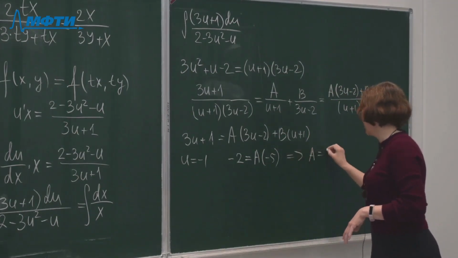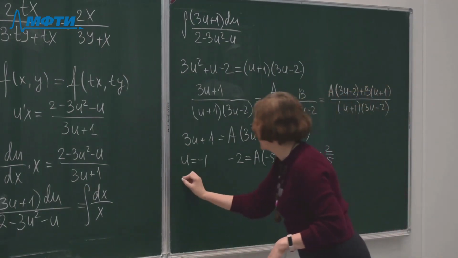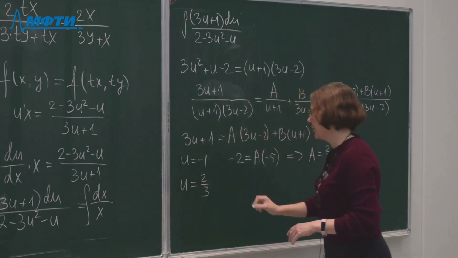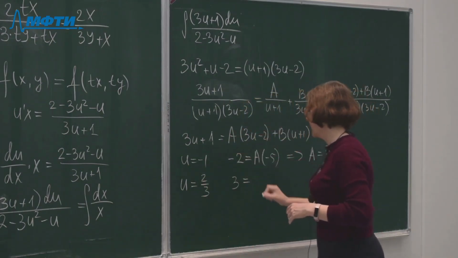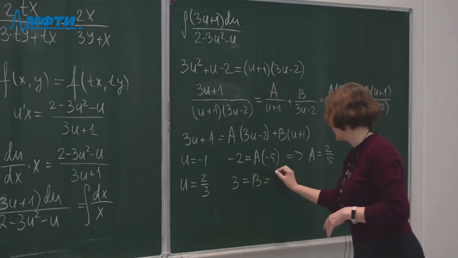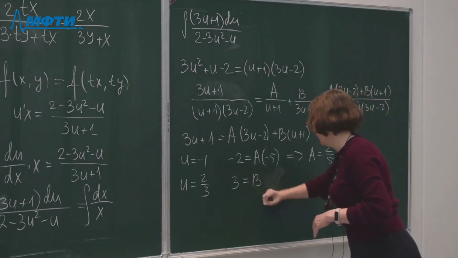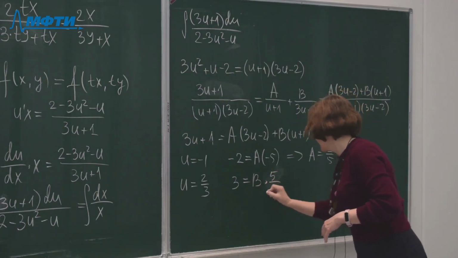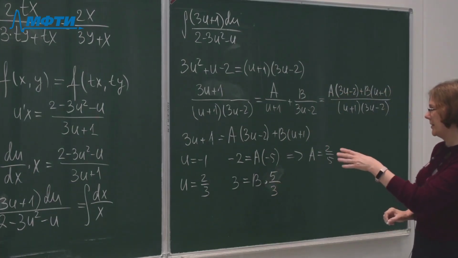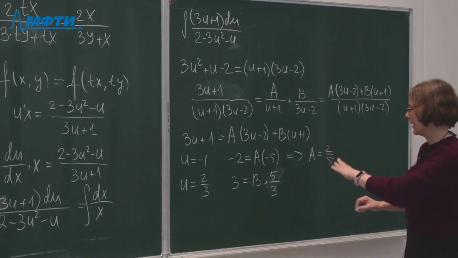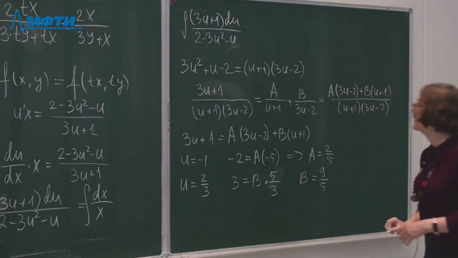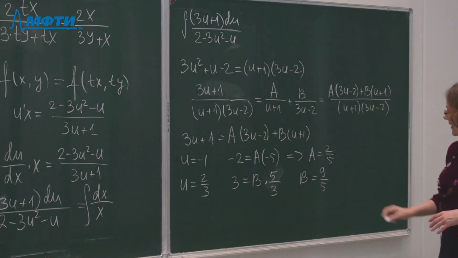So A is equal to 2/5. After this, we will substitute u equals 2/3, and we will get 3 equals B times 2/3 plus 1, which is 5/3. So B is equal to 9/5. I hope that it is correct.